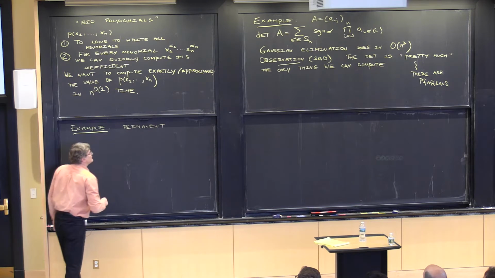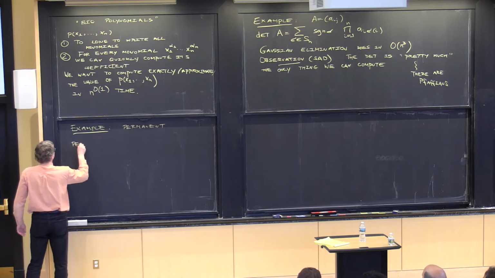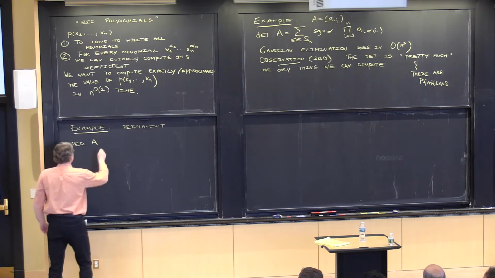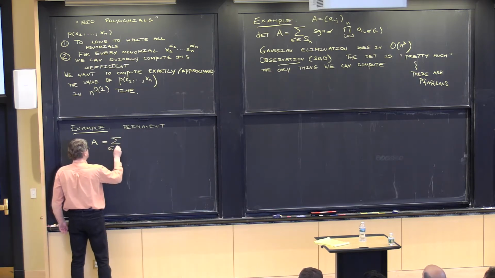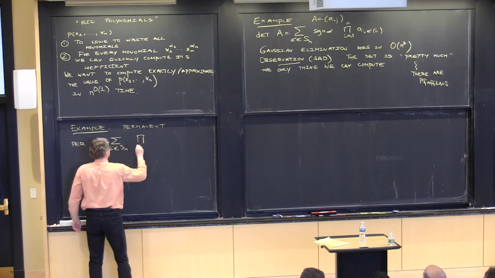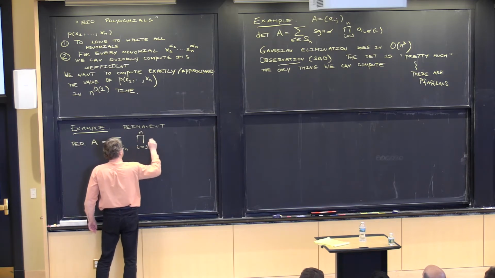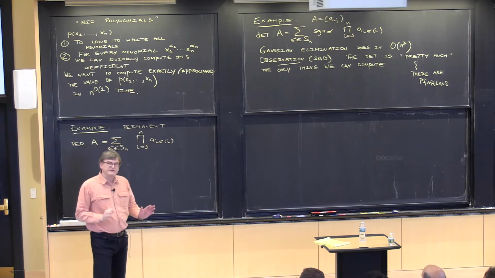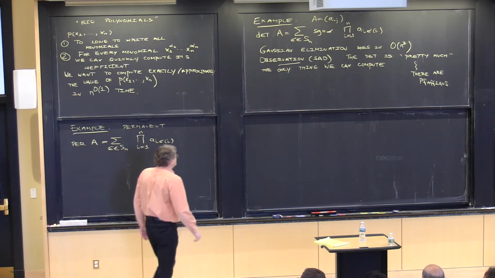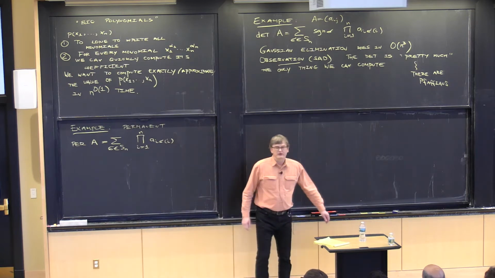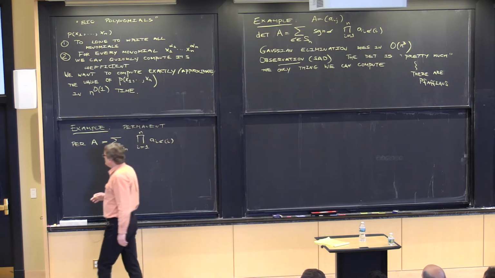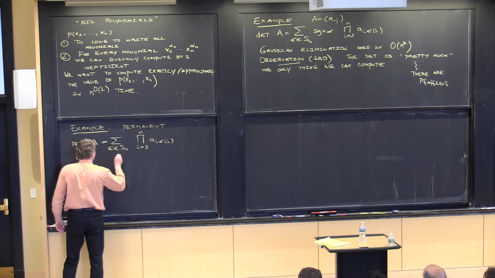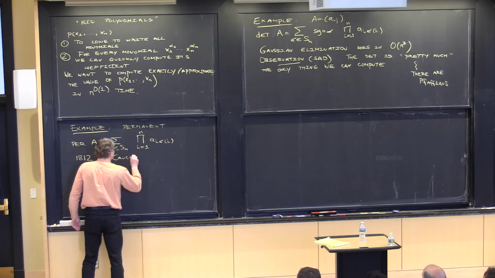The permanent is defined by, it looks even simpler than the determinant, so there are no pesky signs. It's the sum over all permutations just of the generalized diagonals. Historically, it's my understanding that they were introduced together with the determinant in or about 1812 by Cauchy and also Binet.